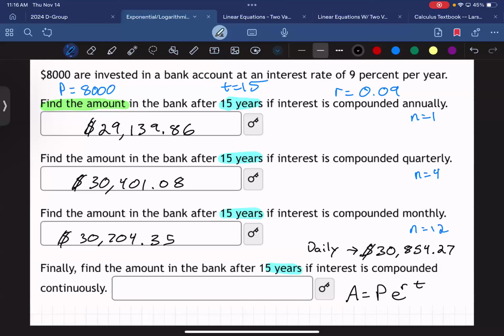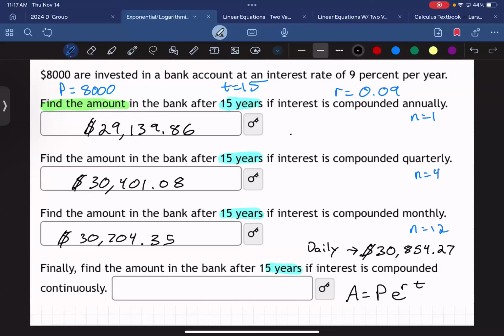Is there any concerns with getting to these values that I could clear for somebody? All right, what did you put for P? What did you put right behind the 8,000?